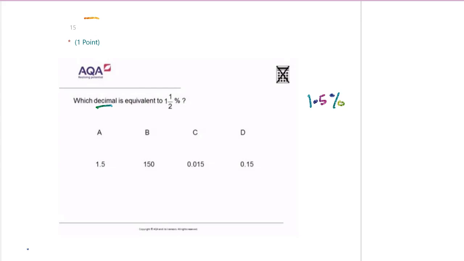Now, percent means out of 100, so if I just want to write that as a regular number, out of 100 I've got to divide by 100. 1.5 divided by 100, when I divide, my decimal place moves to the left. Yes, people will argue that your decimal place actually never moves, it's the numbers that are moving, but the effect when you write it is that you'll see it end up 2 places to the left. So I should have 0.015. So my answer there is going to be answer C.